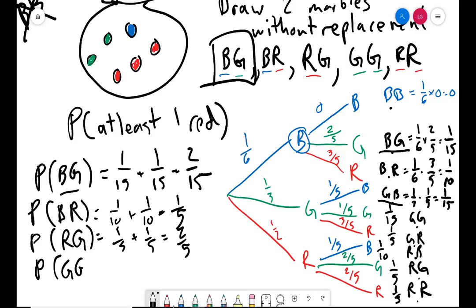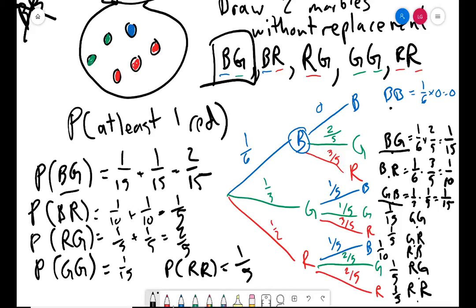Probability green-green only happens right here. That's 1/15. Probability red-red only happens right there. That's 1/5. And you can see these outcomes: 1/5 plus 2/5 is 3/5 plus 1/5 is 4/5, and 1/15 and 2/15 together are the last fifth. So those are all our outcomes.